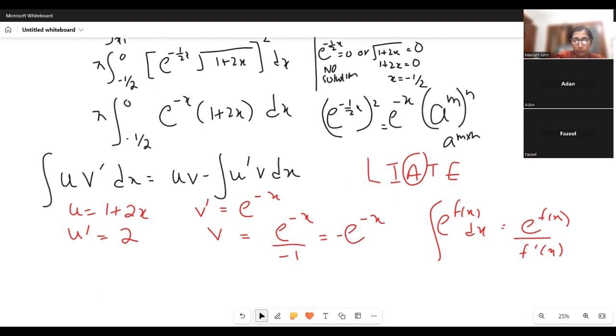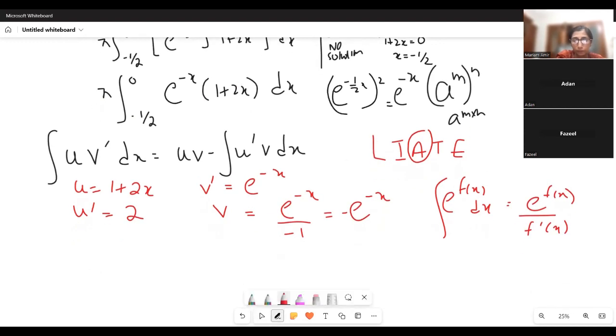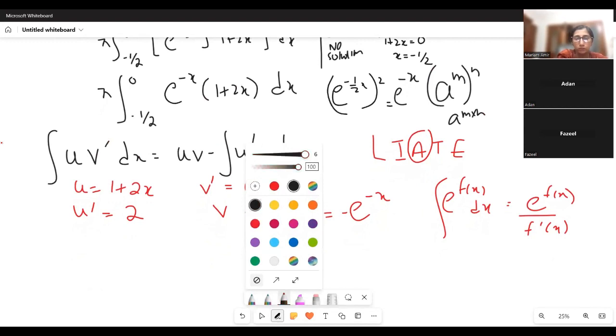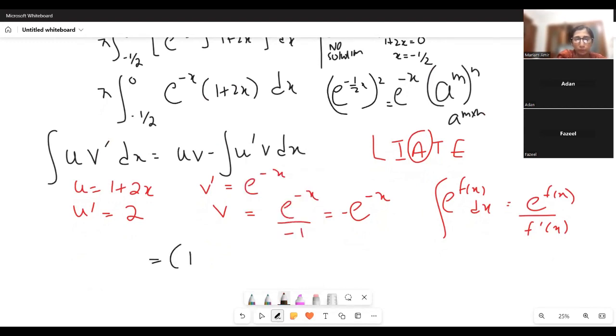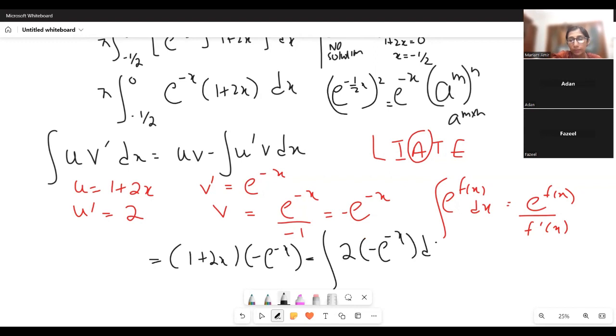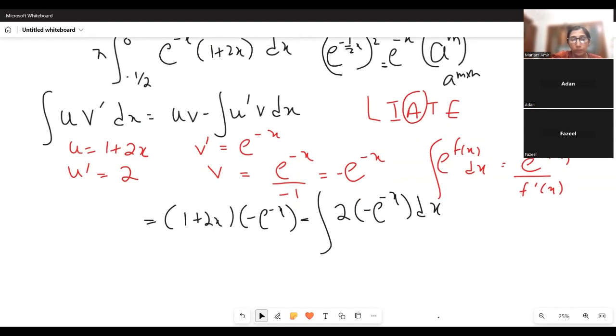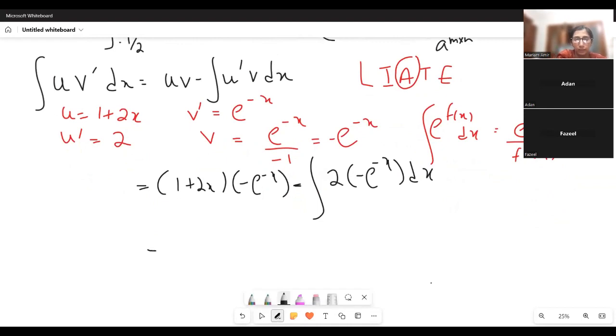Now let's apply the values in the formula. So u is 1 plus 2x, v is minus e power minus x, negative sign, integration u dash is 2, and v is negative e power minus x dx. So we have negative e power minus x times 1 plus 2x.